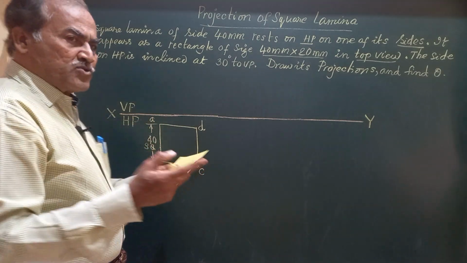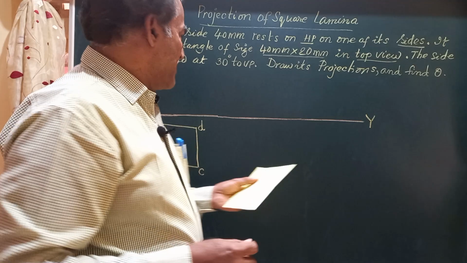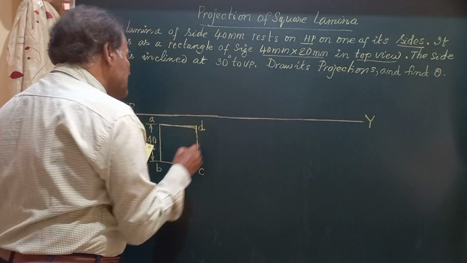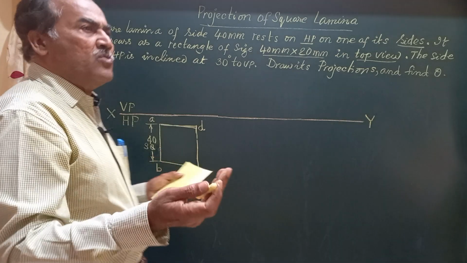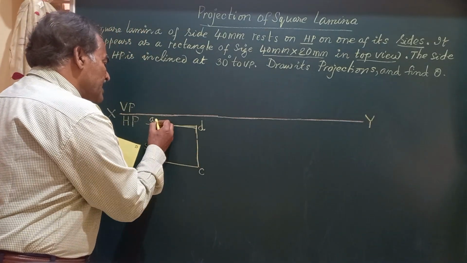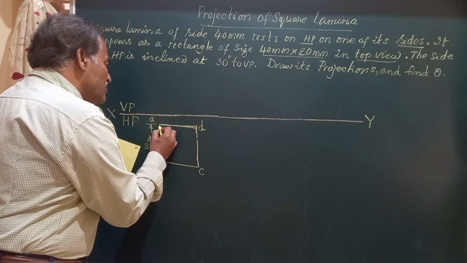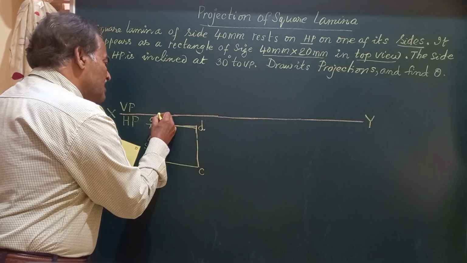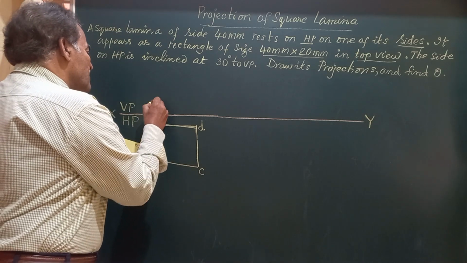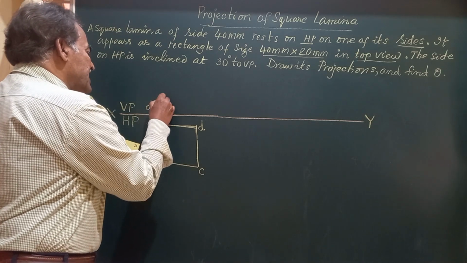Friends, as I told you before, in the front view, it is going to be seen as a line on XY. Then how to get it? Simply project from these corners A, B, C and D to the XY line. So on this point, you will get A and B. So the front view I will show as A dash, B dash.